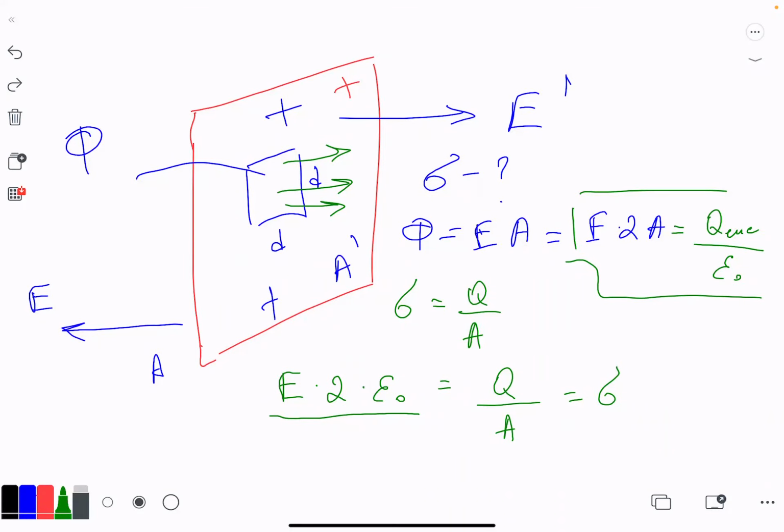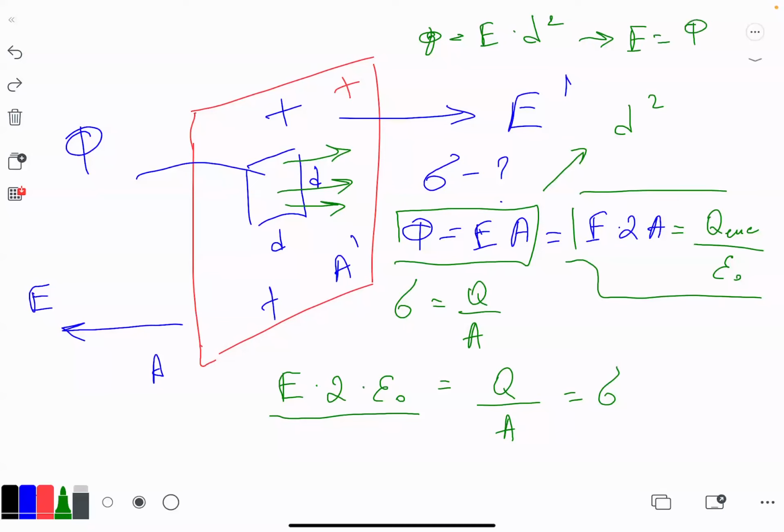Now, do we know E? No. How can we find E then? Using the flux formula: flux is equal to E times D squared, where D squared is the area. So E will be equal to flux divided by D squared.